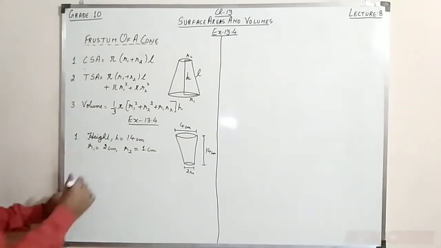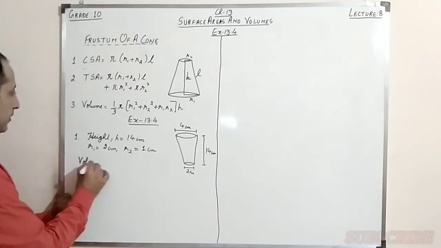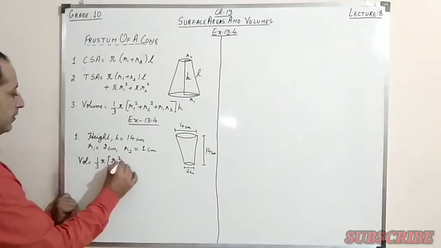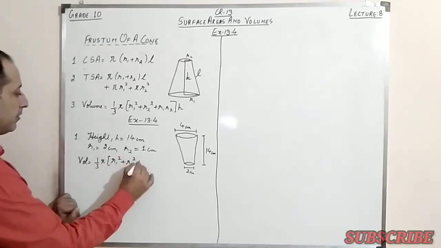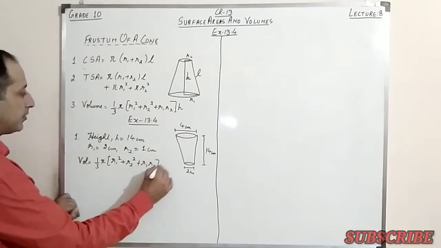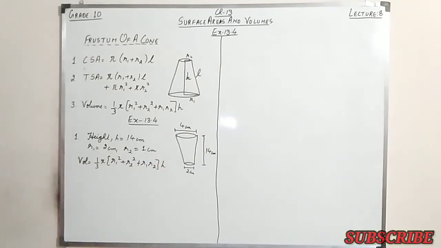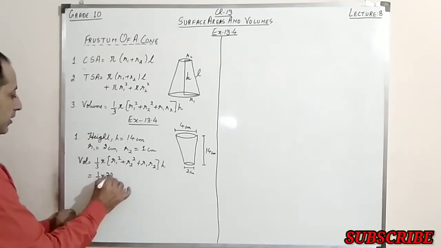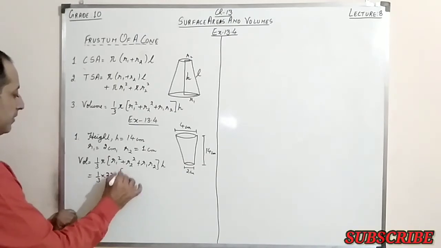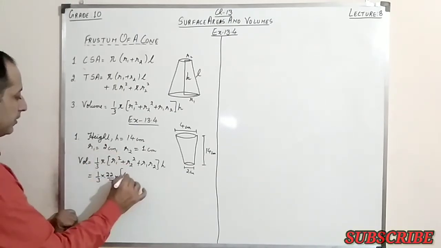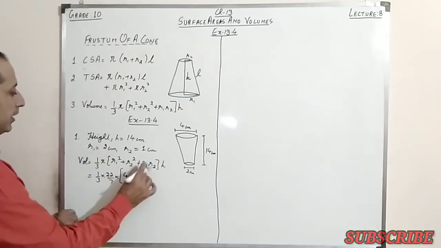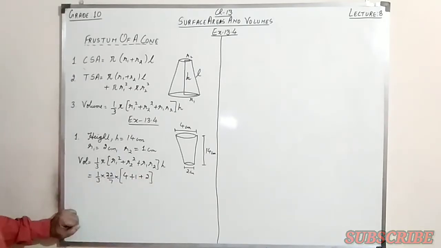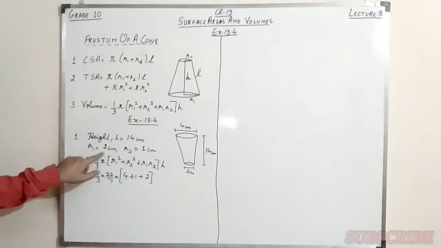Now this is the formula for the volume. Volume equals 1 by 3 pi (R1 square plus R2 square plus R1 R2) multiplied by h. Substituting the values, we get 1 by 3 multiplied by 22 by 7, multiplied by, inside the bracket, 2 square that is 4, plus 1 square that is 1, plus R1 R2 that is 2, and h is 14.